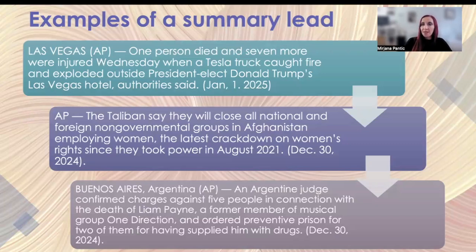What happened is, and this is how we started the news lead, that one person died and 7 more were injured. When did it happen? It happened on Wednesday. Where did this event happen? It happened in Las Vegas, outside President-elect Donald Trump's hotel.